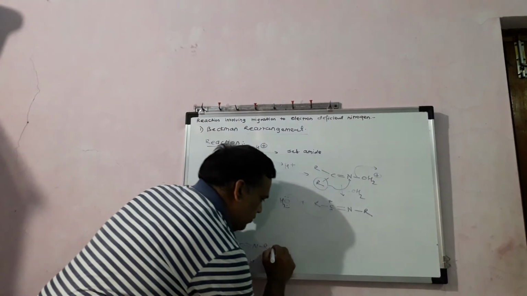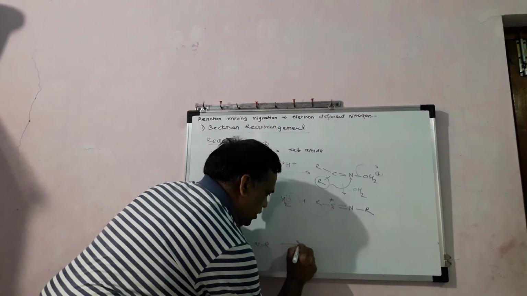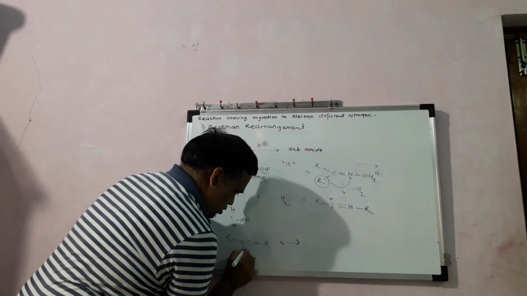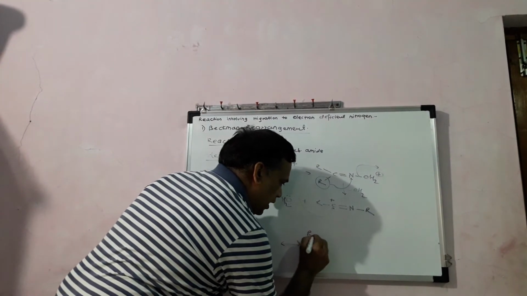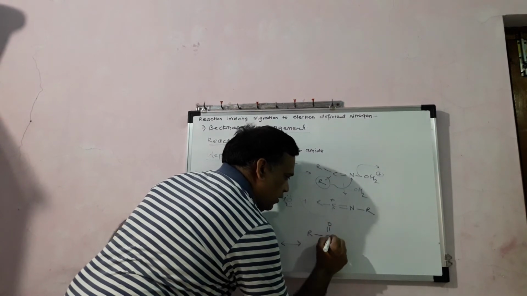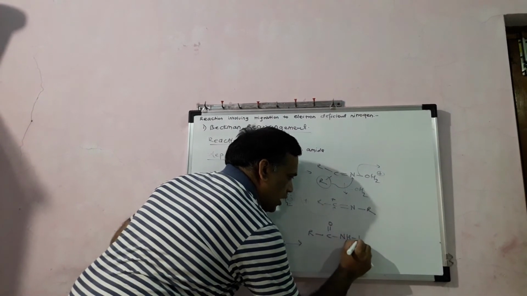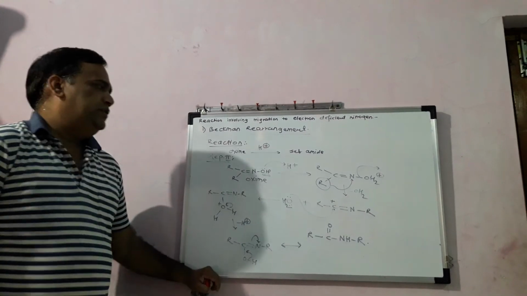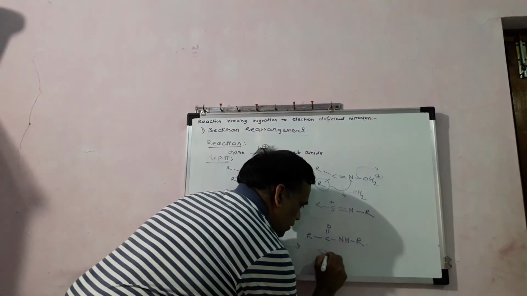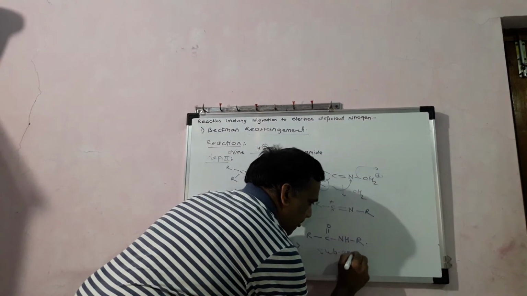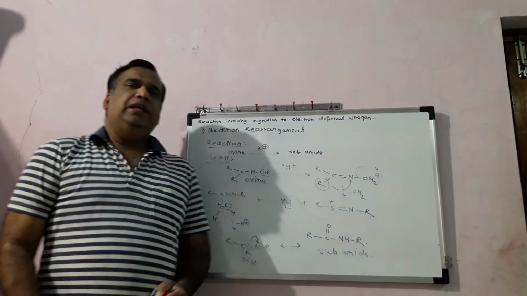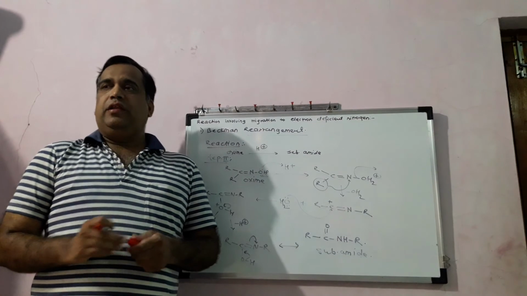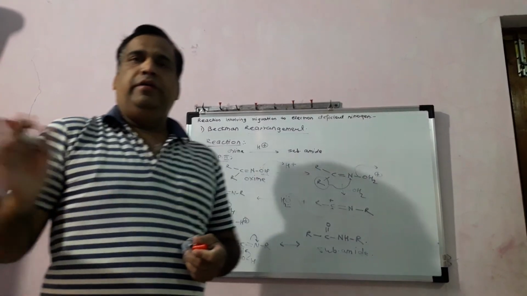So we get R C double bond O, NHR. That is a substituted amide. In this way, we can easily prepare the substituted amide.